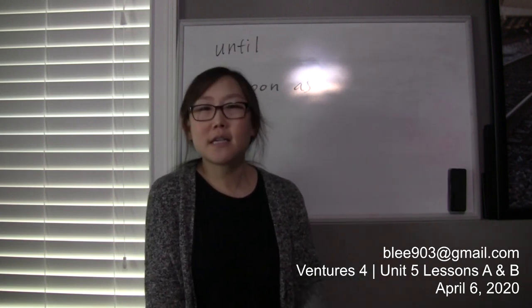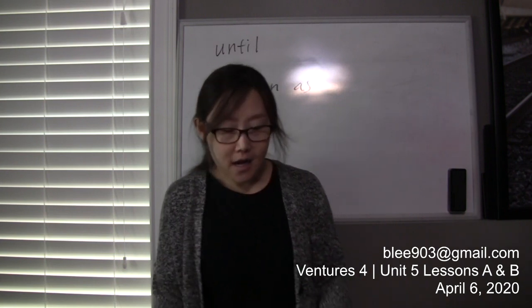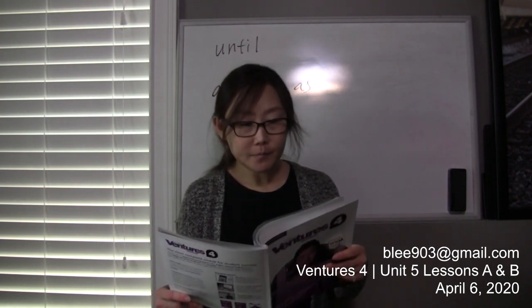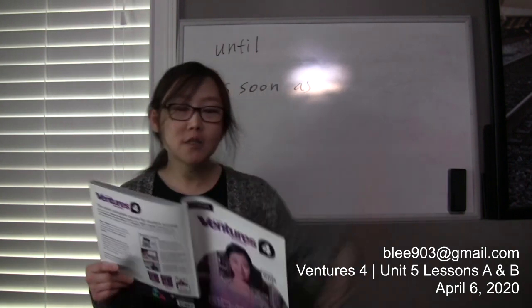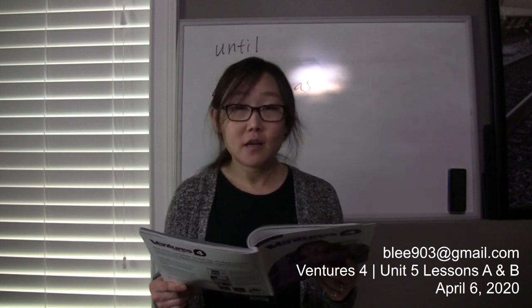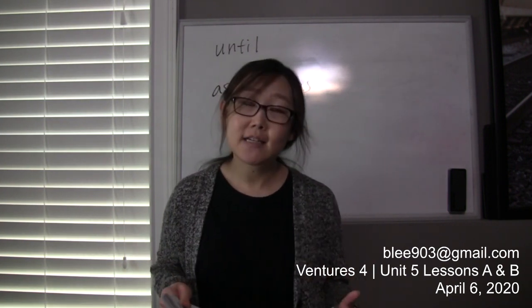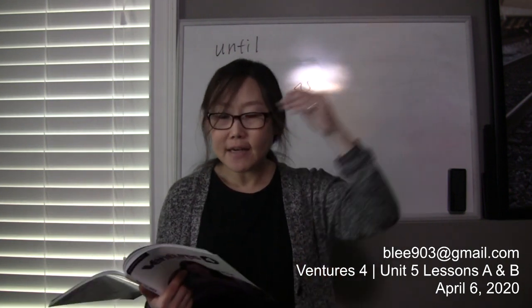So in your workbook, it says future time clauses, but actually it should just say time clauses. Only exercise 1 is future time clauses. But the other ones are actually present and past tenses. So you can disregard the main title.